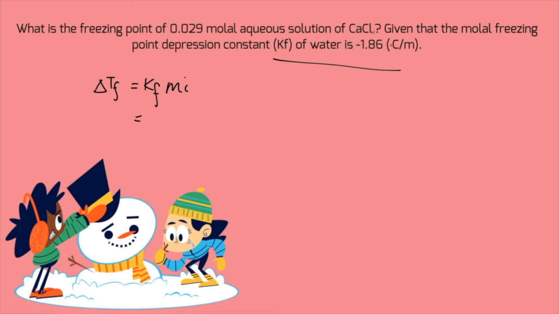So Kf is equivalent to negative 1.86 and the molality given is 0.029 molar. Now you're going to find the charge of the ion. So what you need to do is know how this compound will dissociate.